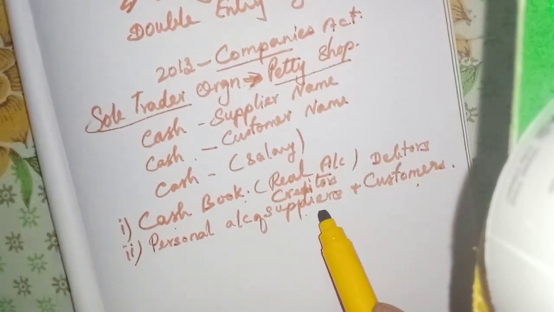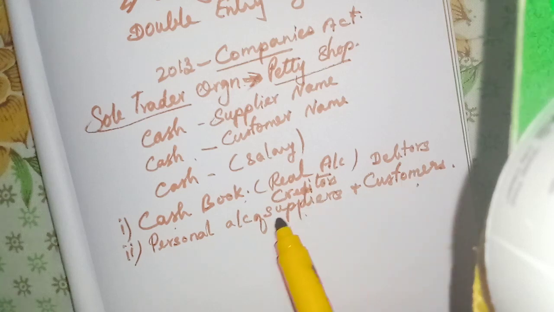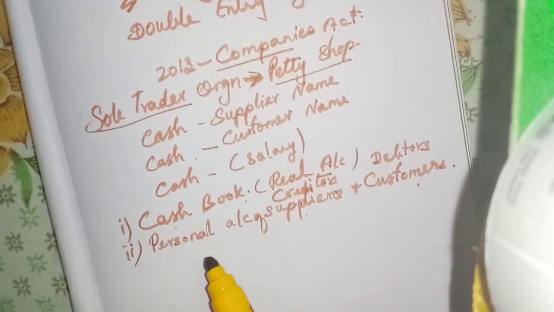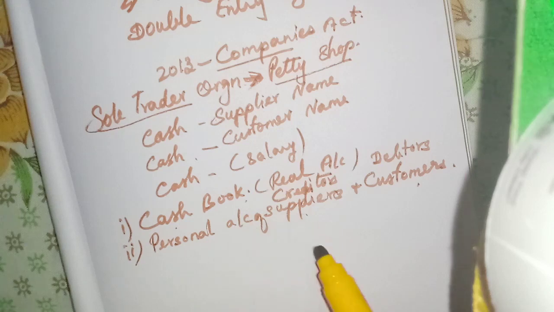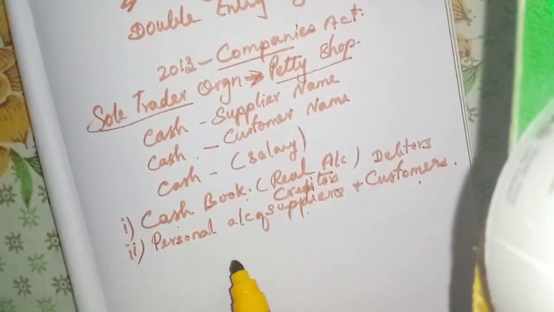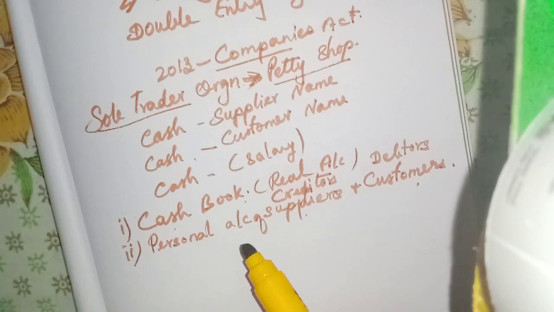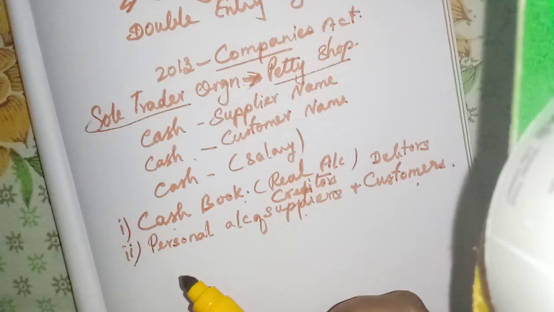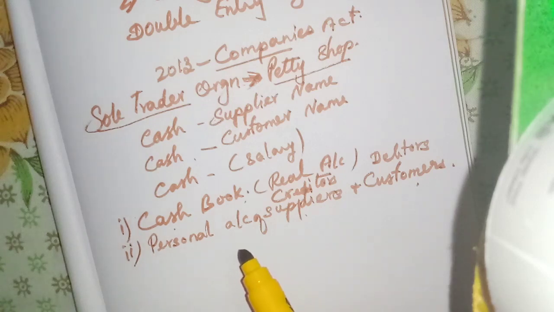So only the details of the debtors and creditors and the cash book will be entered. Then only these two books will be maintained by this sole trader organization. You might have understood, isn't it? So what is incomplete records?